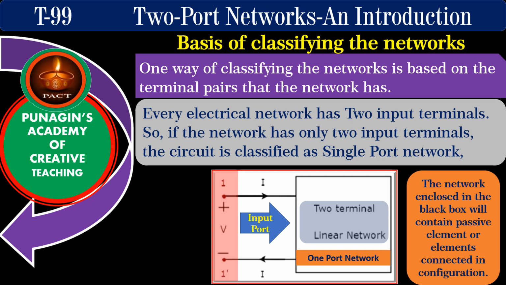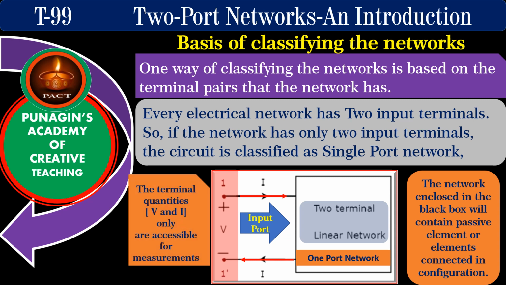Both are same. Another very important property that you should remember is, in any black box, if the current I enters, the current I should leave the network. This is an important property that you should remember.